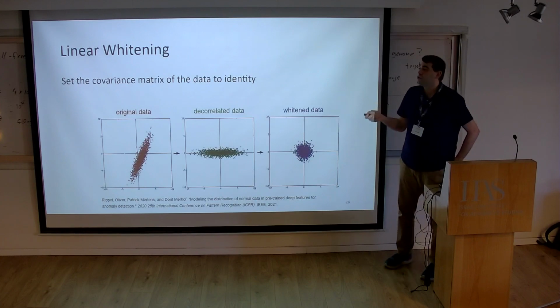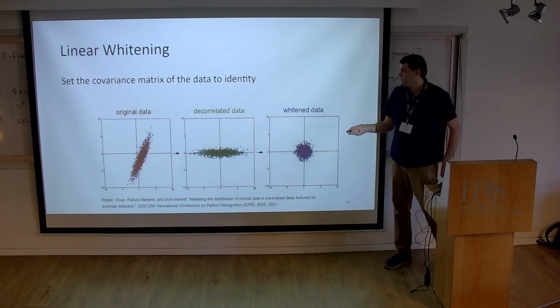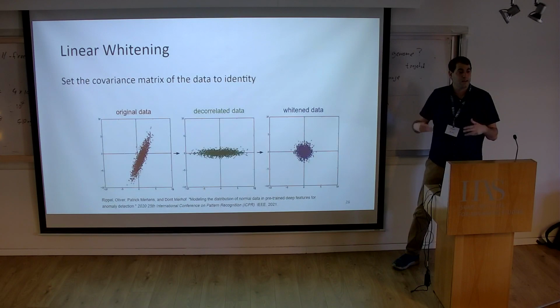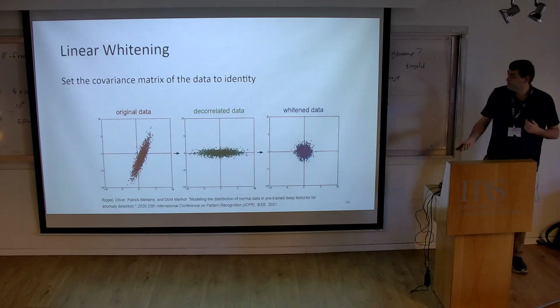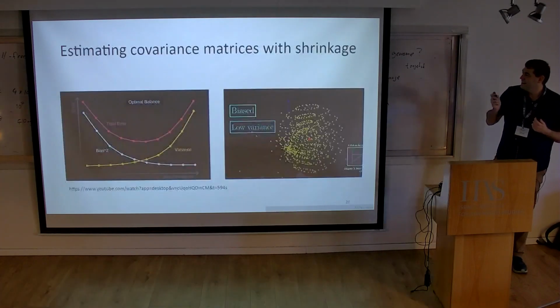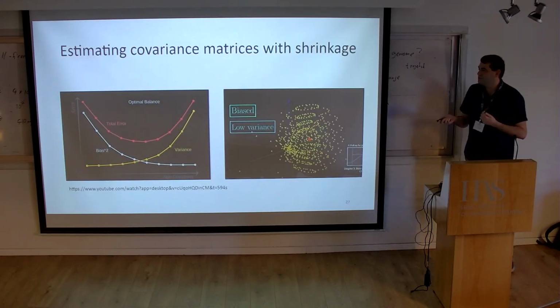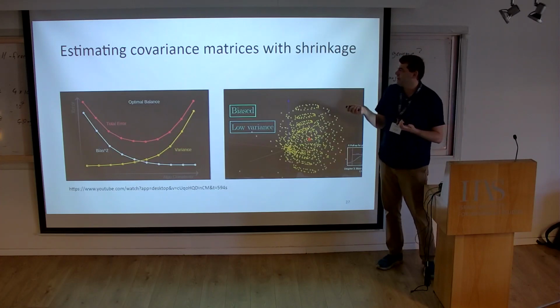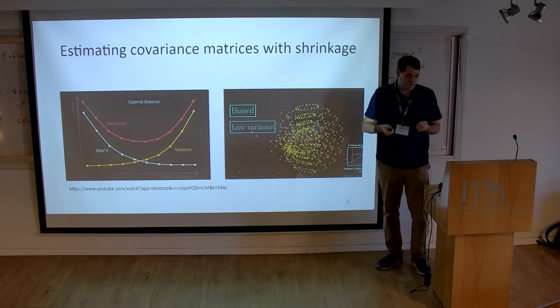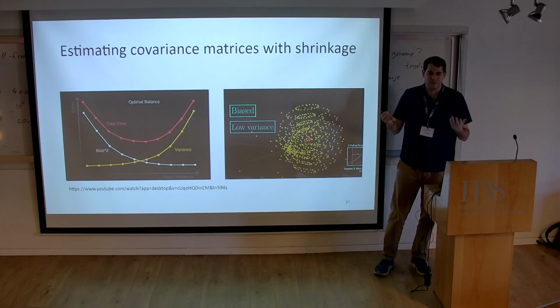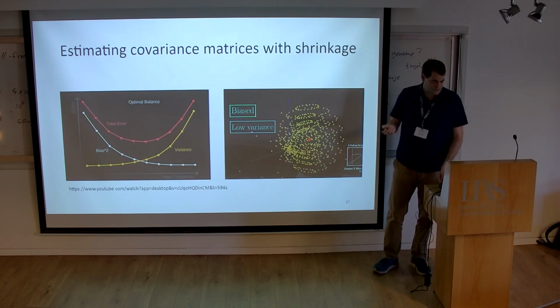And some of the more complicated methods, this is also a good intuition to think about the more complicated metric adaptation methods. So again, when we come to estimate the covariance matrix, we have this bias variance trade-off because this matrix is huge and we don't have as much data as we want to correctly evaluate what the matrix is.